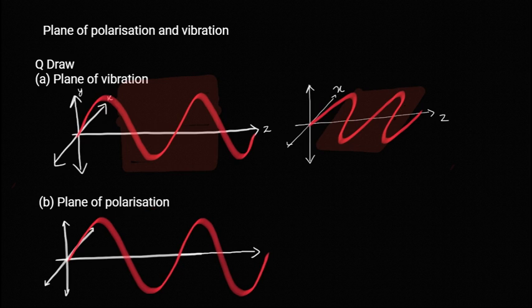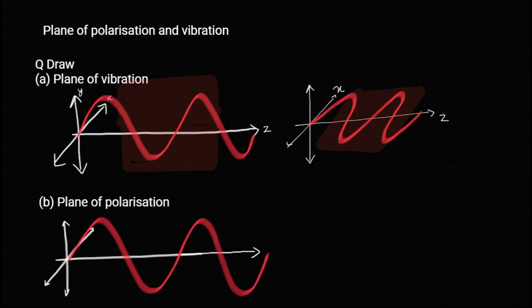It contains the direction in which the wave is propagating and the direction perpendicular to the vibration. Listen carefully, I'm saying perpendicular, not along the vibration. If it's along the vibration, then it is plane of vibration. If it's perpendicular to the vibration, then it is plane of polarization.